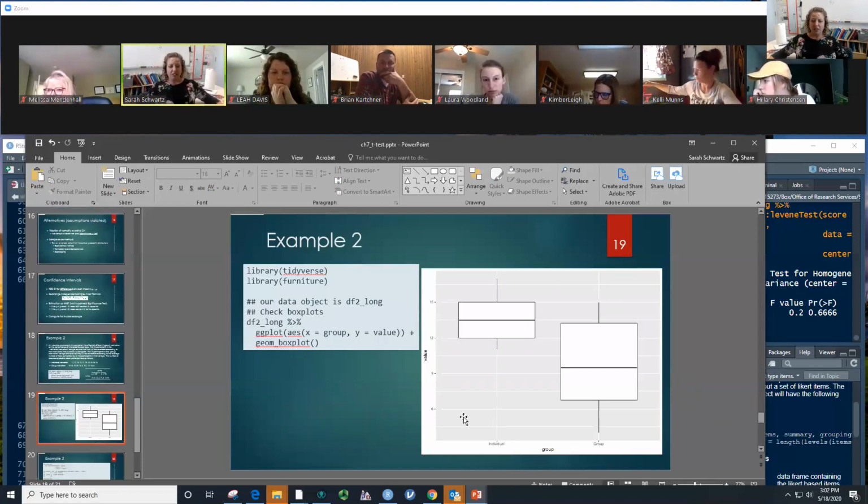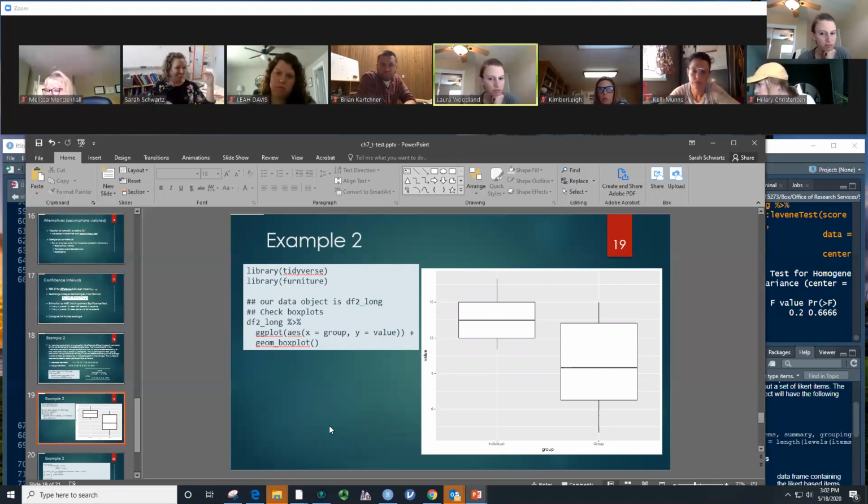So here's the plot of the data. Does the plot eyeball? Anyone notice anything about the plot? Those center bars are what measurement in the middle of the box? What does that represent? Is that the mean?